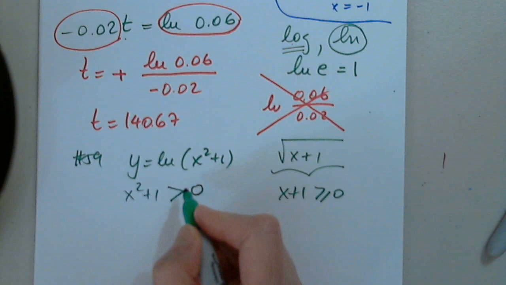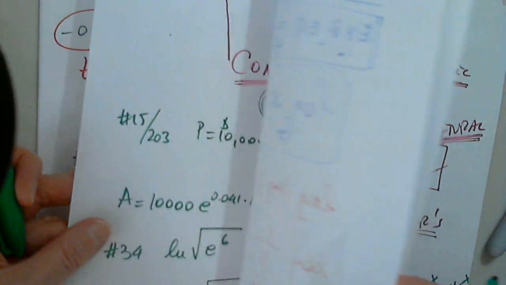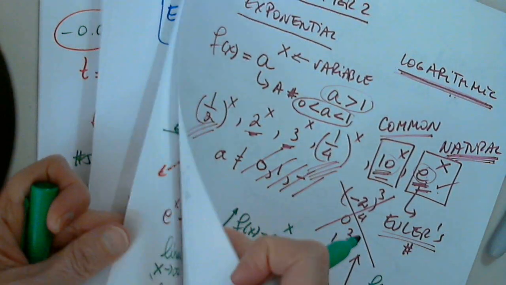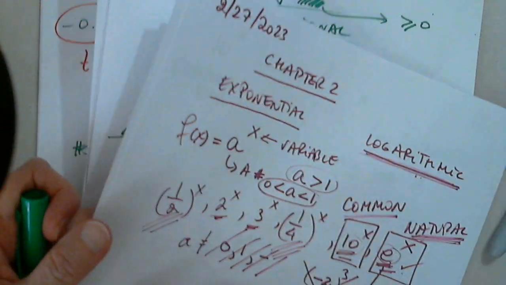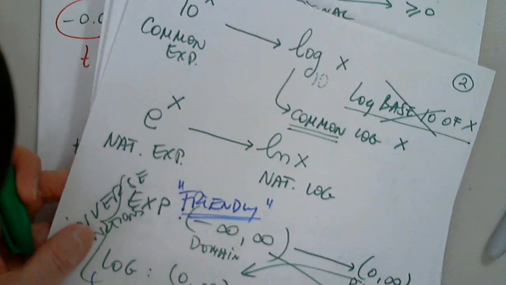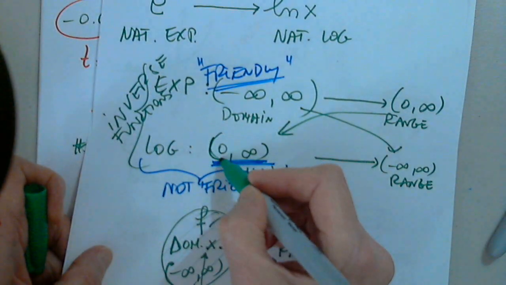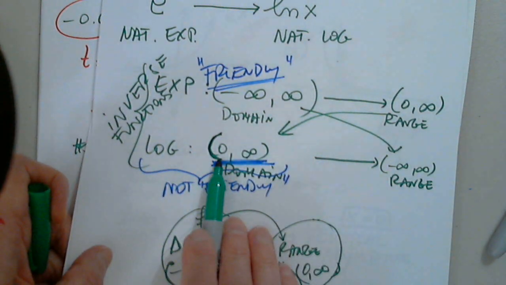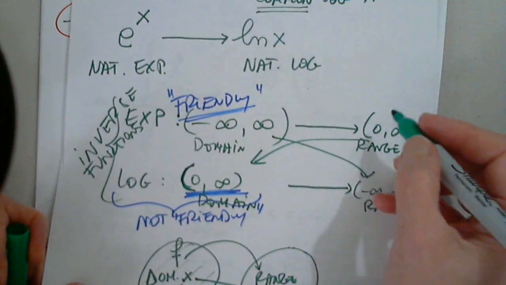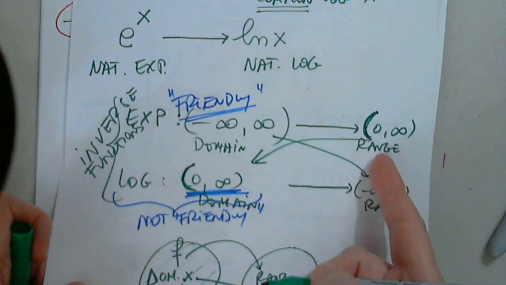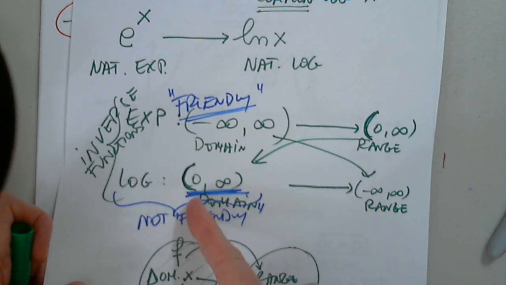However, it's only strictly greater than 0. How come? How come just strictly? Let's take a look. Zero to infinity, because that's the range of the exponential. So it cannot be 0.